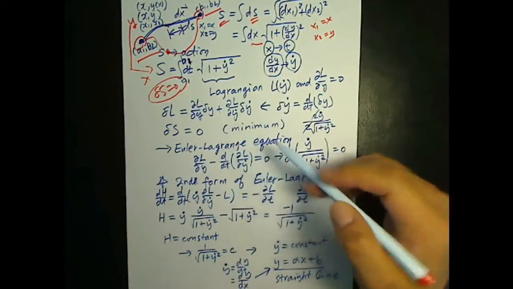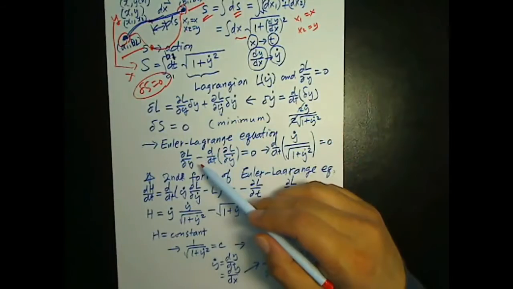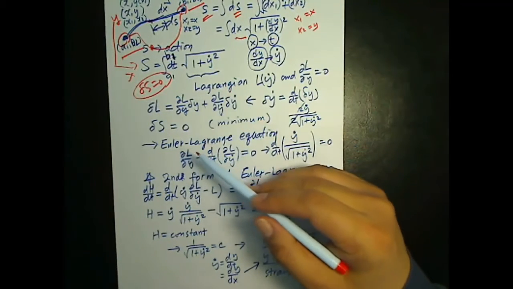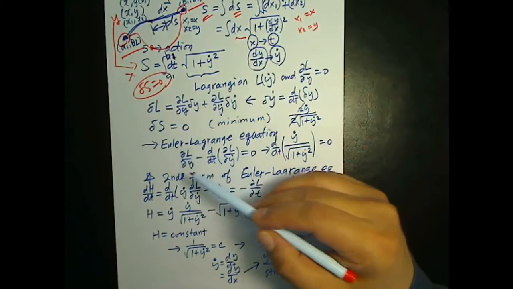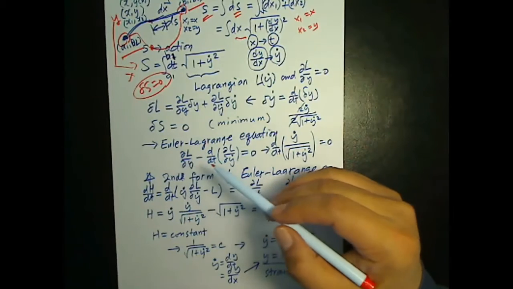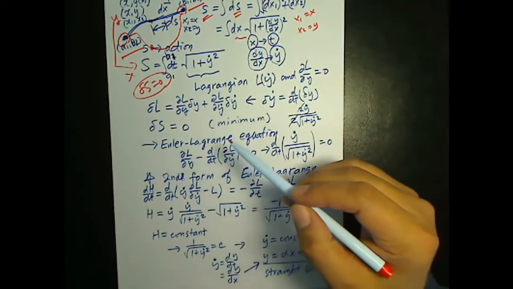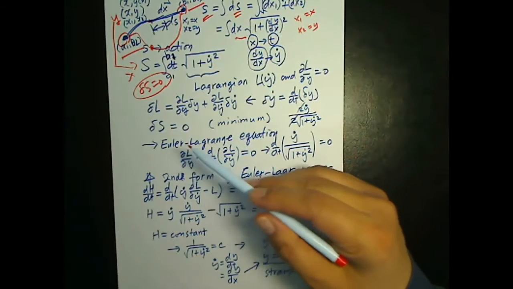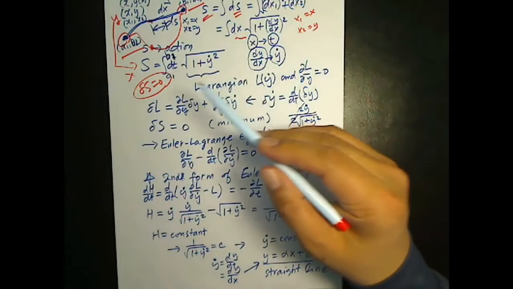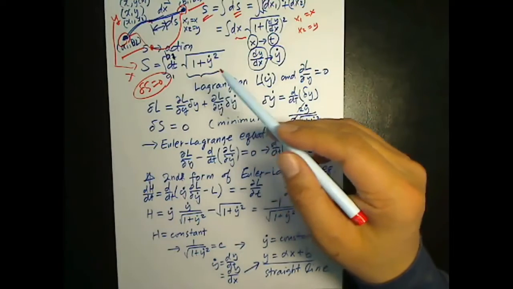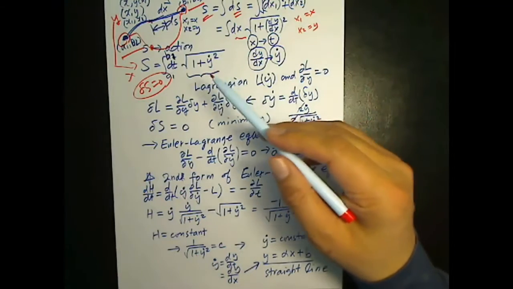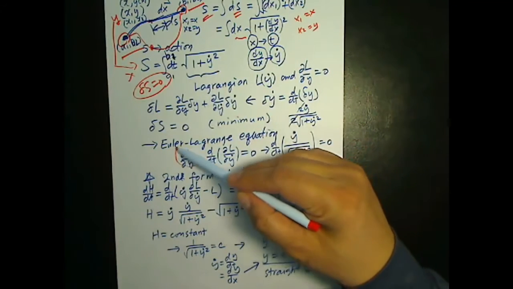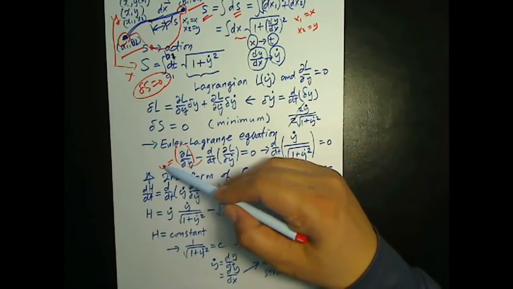Then the Euler-Lagrange equation can be used. L is a function of y and y dot, and we take the partial derivative with respect to y, subtracted by the time derivative of the conjugate momentum. By the way, we do not have explicit y dependence in this integrand. So this is equal to 0.